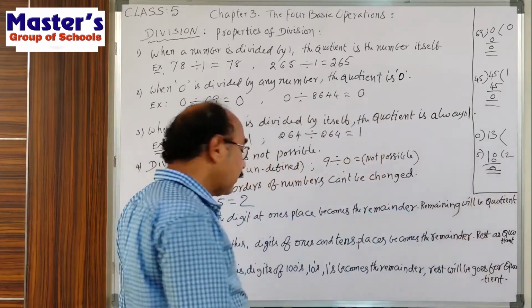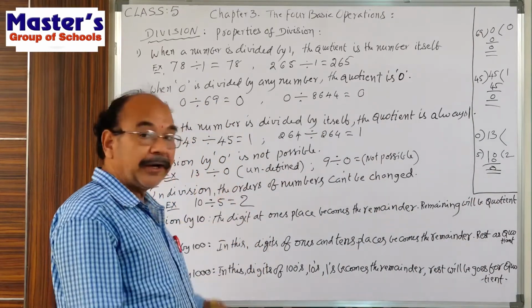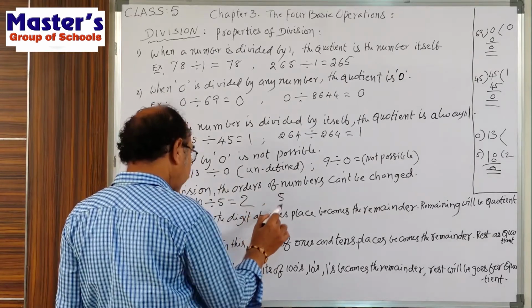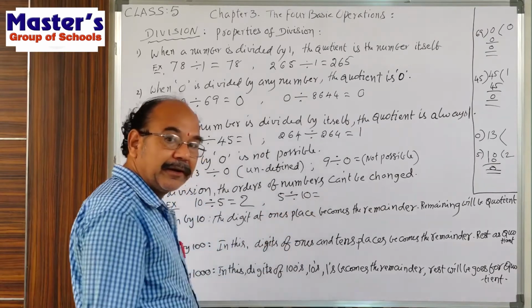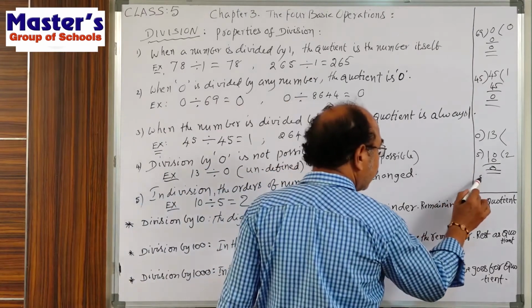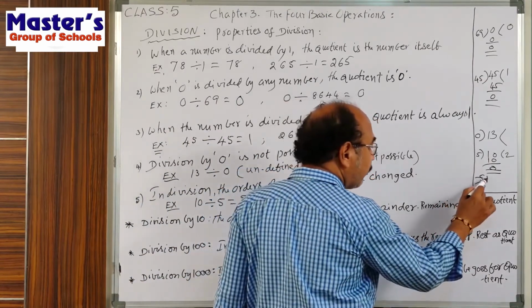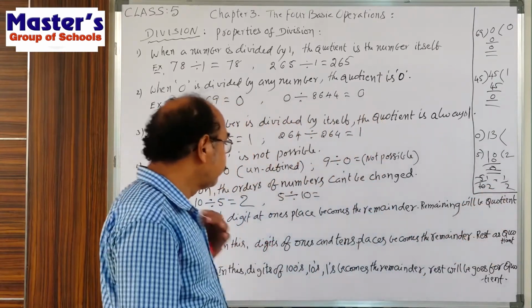Okay children. Now, change the order and take. First take 5 divided by 10. 5 ones are 5, 5 twos are... 5 by 10 means half.